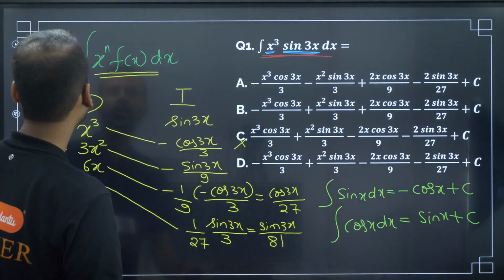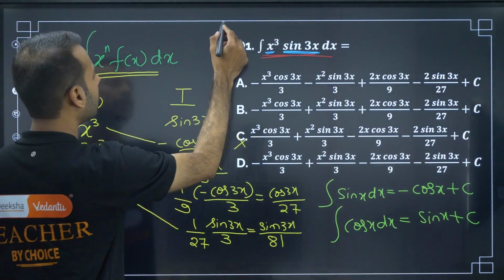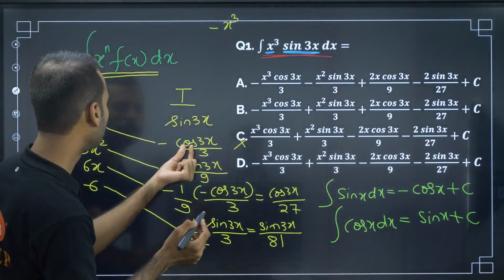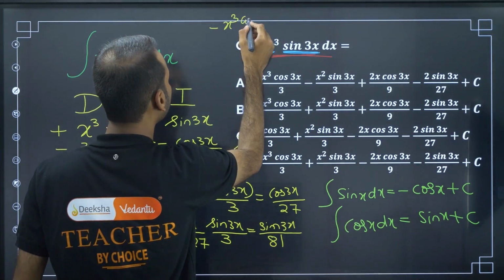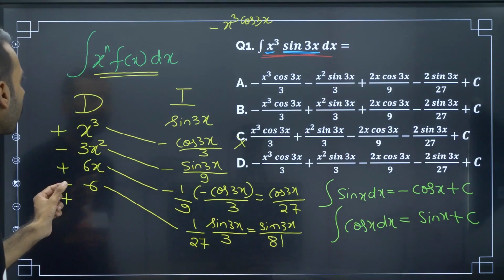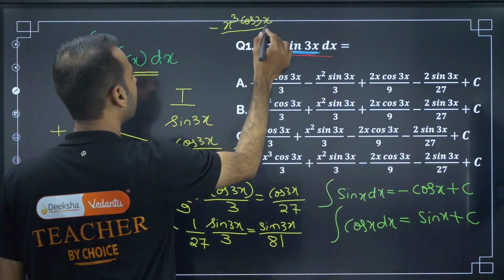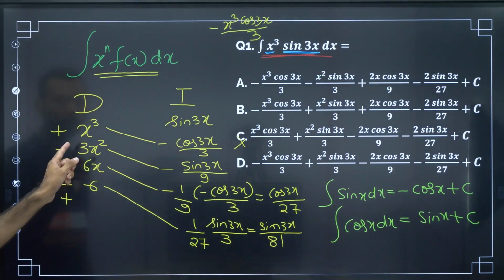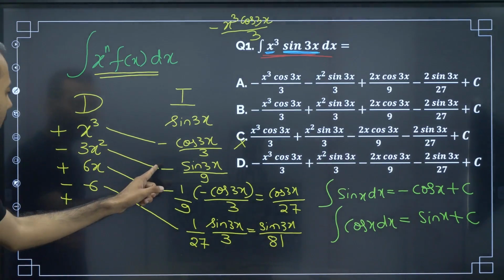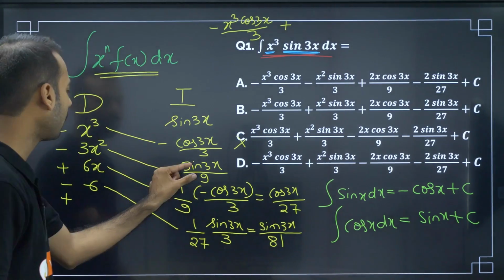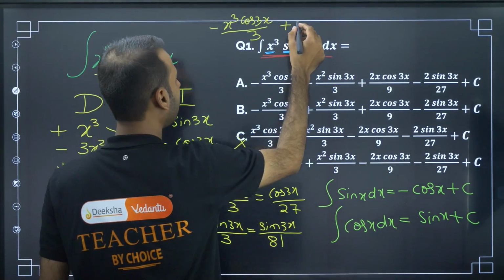Next term is minus plus. First let me write it, so this is negative x cube cos 3x by 3. Minus, here minus is there, minus plus, 3x square sine 3x by 9.